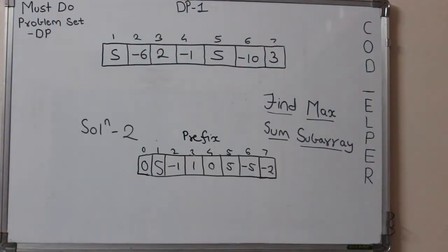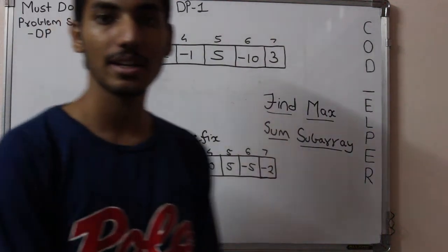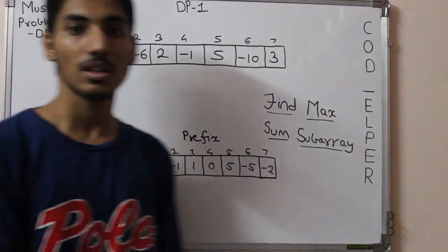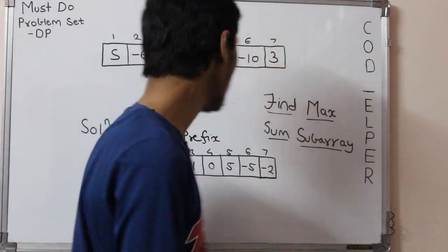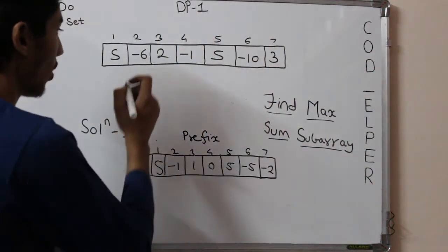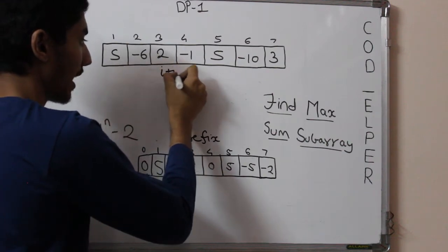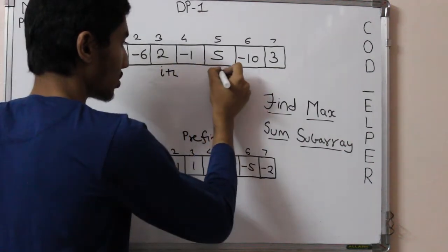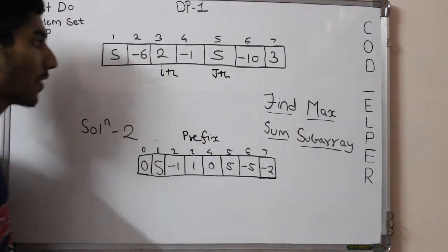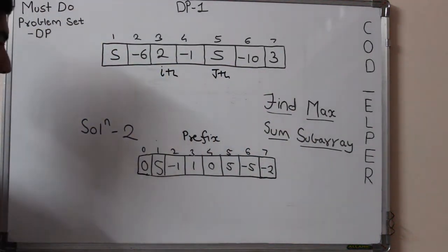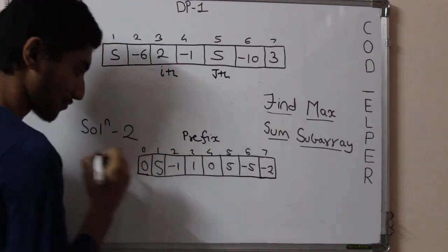The second approach for our problem is by using a prefix sum array. We use a prefix sum array to decrease the time complexity of finding the summation of an individual subarray. For example, if we have to find the summation of a subarray which starts at ith position and ends at jth position, firstly we have to prepare our prefix sum array.